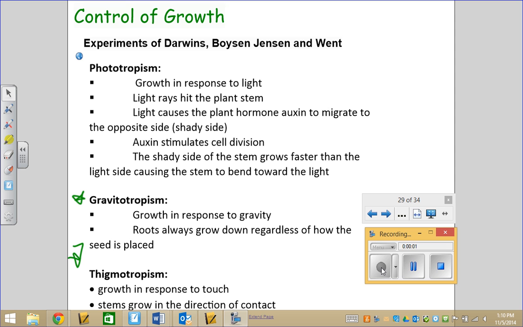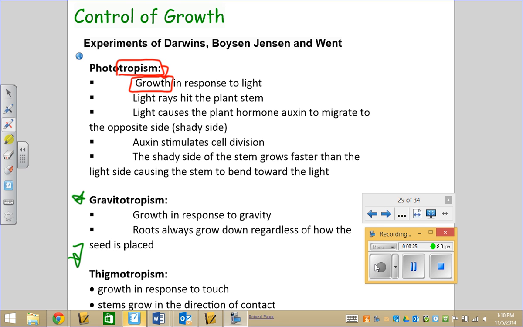Talk about these tropisms first, and then I'll make another slide on what each of the guys contributed, which was a thing that we looked at yesterday. Phototropism is when a plant grows in response to light. And just so that you know, tropism refers to growth.